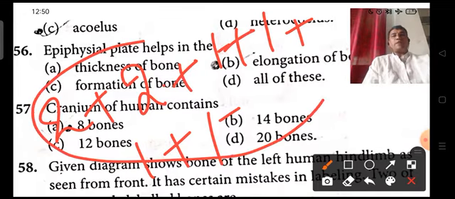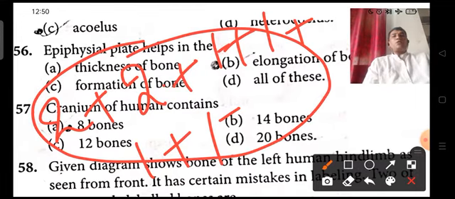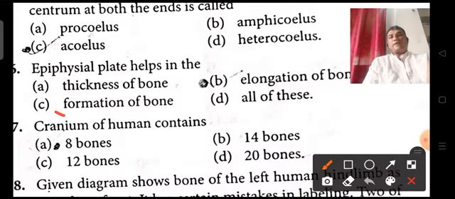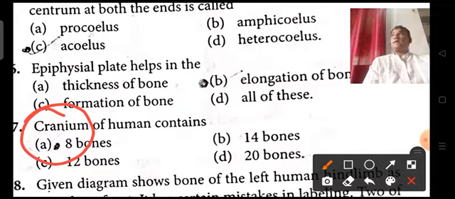So altogether 8 bones. The answer for this question is 8 bones.